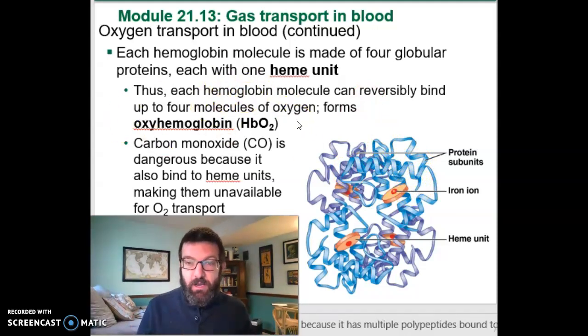It likes to bind to oxygen. It's very good at it. That said, there's actually a molecule that has a greater affinity for hemoglobin than oxygen, or hemoglobin has a greater affinity for it, and that's carbon monoxide. This is why carbon monoxide is dangerous, because it takes up those binding places in hemoglobin, and it means that you're not able to move oxygen throughout your body effectively.